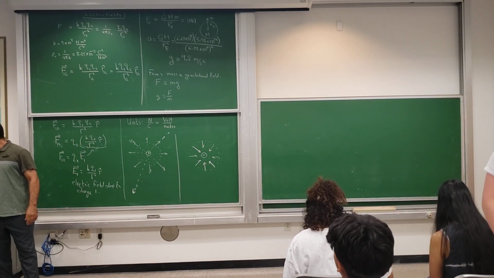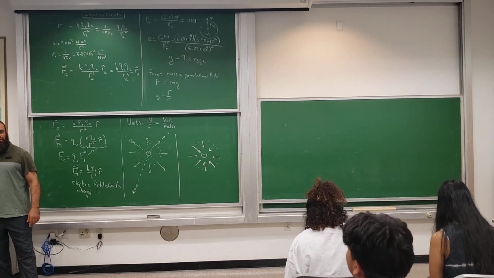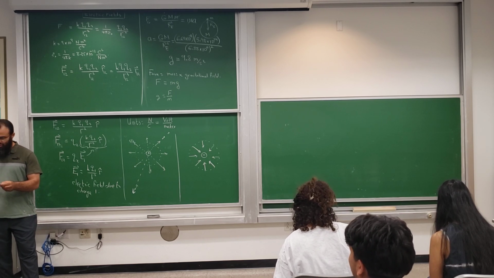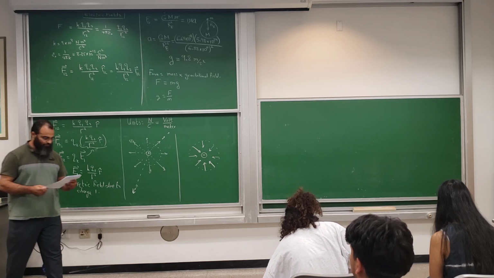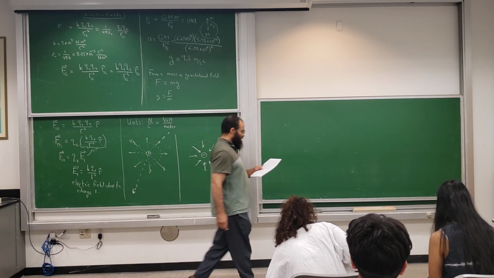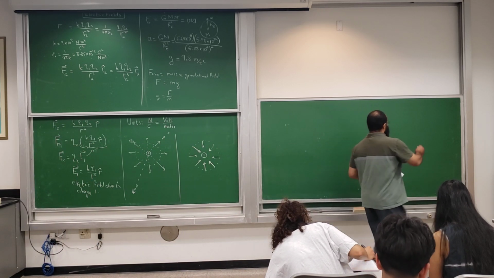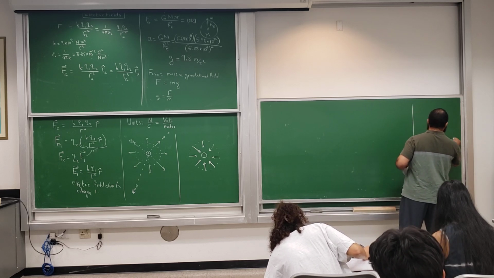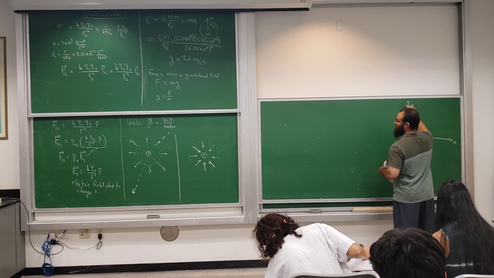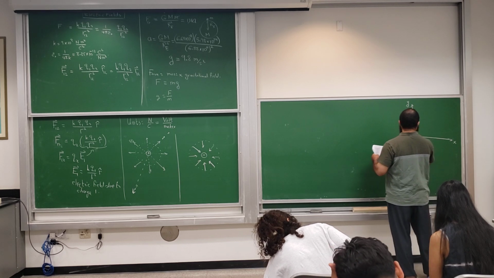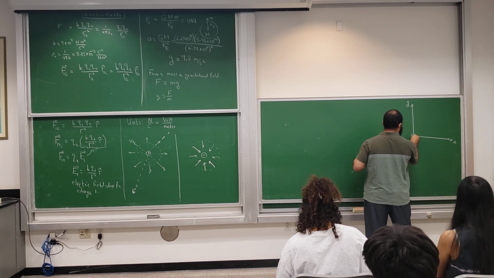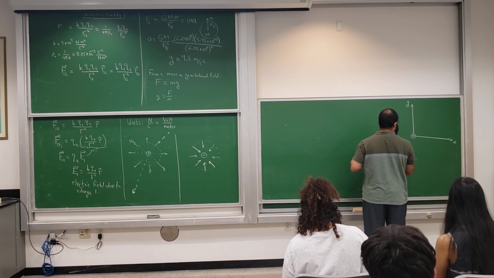So let's do an example here for a single charge, and then we'll do multiple charges and then see where we can get. So here is this charge. Here is the X, and here is the Y. And let's say I have a charge here, and it's minus. Right? This is a negative charge.